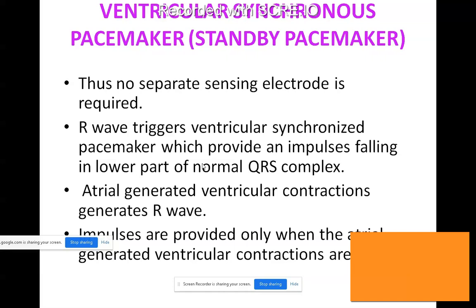The impulses will be provided only after ventricular contraction. After contracting your ventricular part only, you are going to generate the impulse. That impulse is nothing but the pacemaker generating a square waveform.